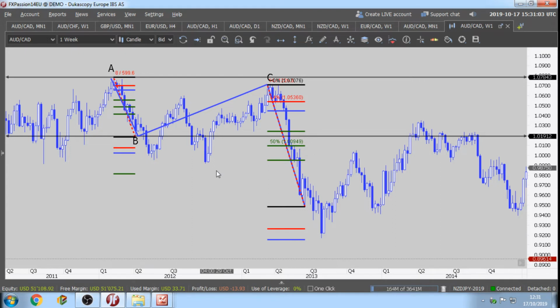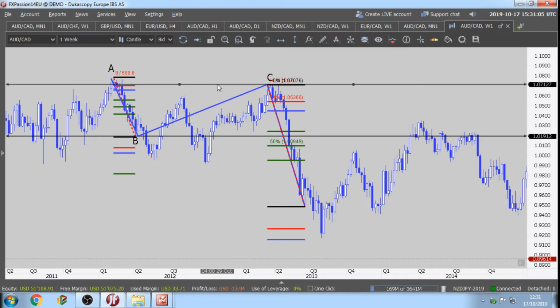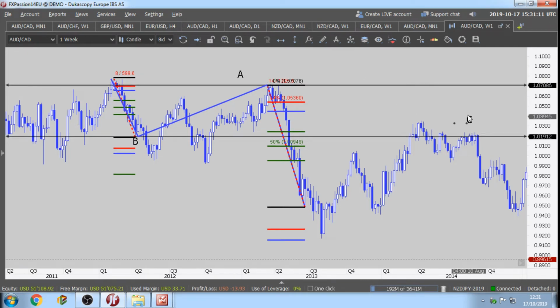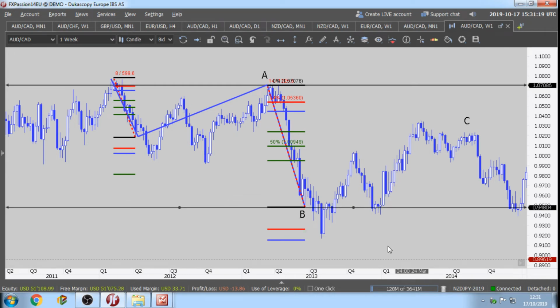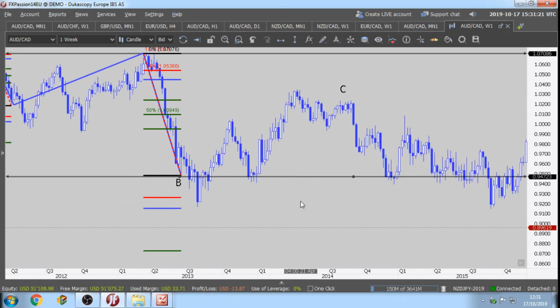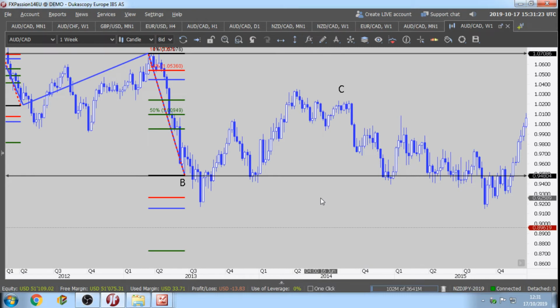Okay, so A to B, B to C, A to B. I'm going to move my A to C, not to be A to C, and my B goes to D is here. A, B, C, D. We have a new sequence of the original Fibonacci.